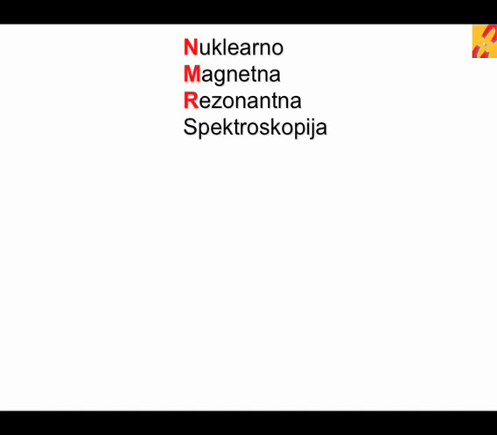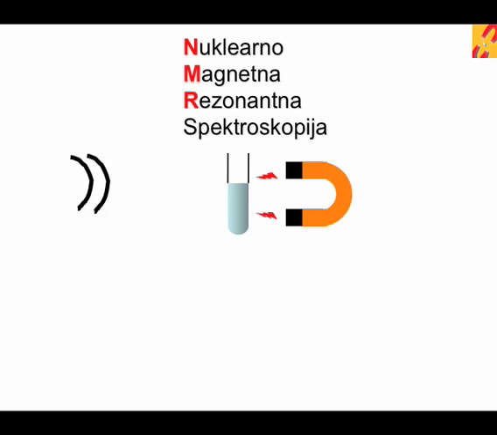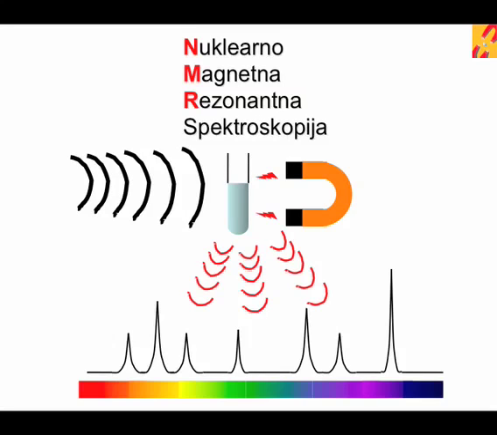NMR method is very widespread nowadays, and there are devices in various places for all these more refined structural analyses. I will briefly say what an NMR is, and I suppose many of you may not have had an opportunity to see it in practice.